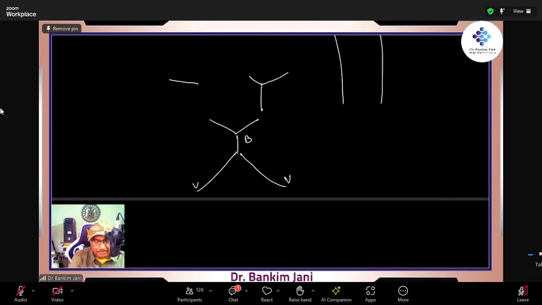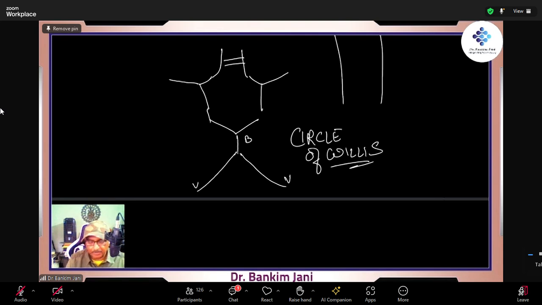It divides into anterior and middle cerebral, and then there is an anastomosis, the anterior communicating, and this whole thing is called the circle of Willis. That's a very special blood supply.